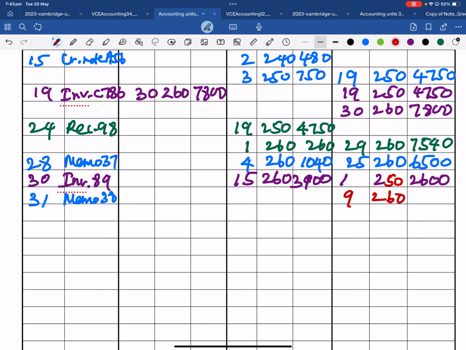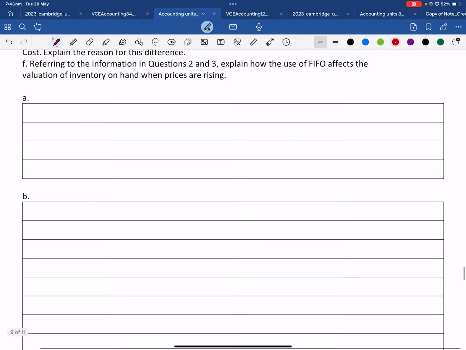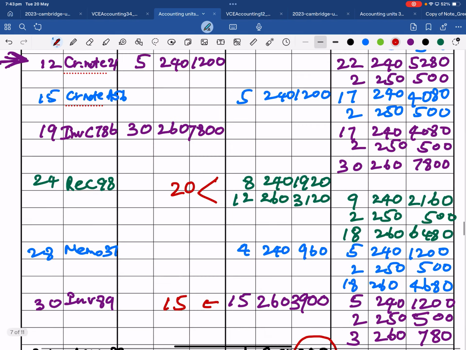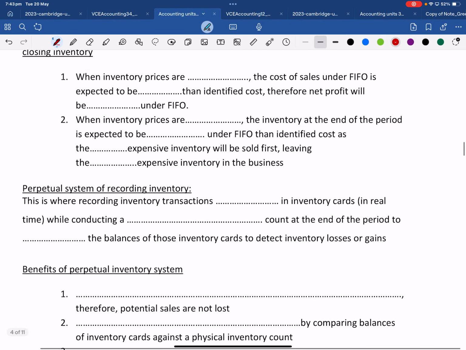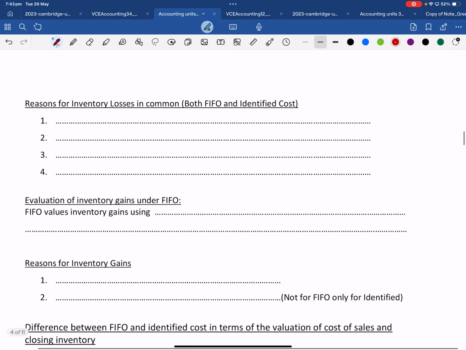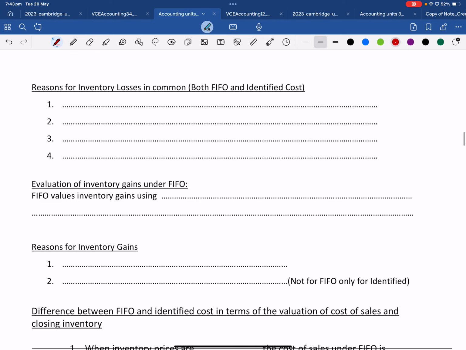Then at which price are we going to record the inventory gain? Actually, it is unfair to ask that question right now because I haven't explained that part. Why? Because it's in the way to count.